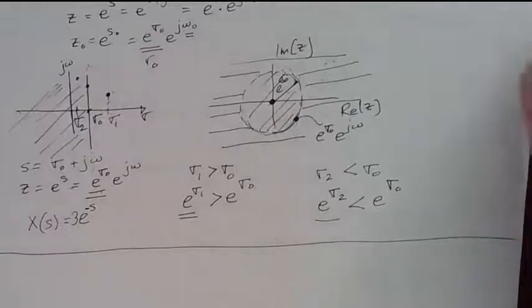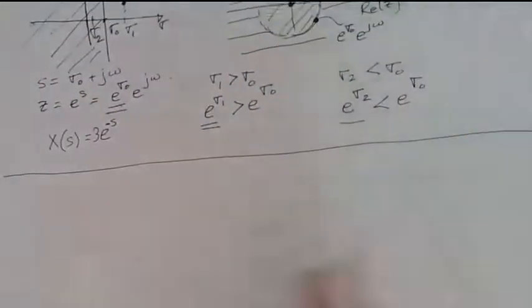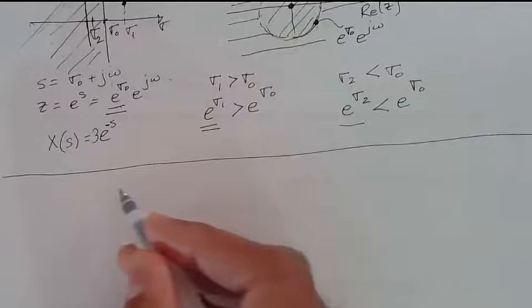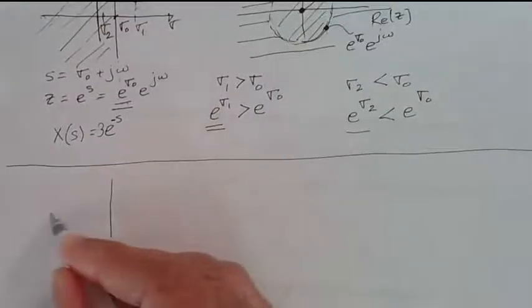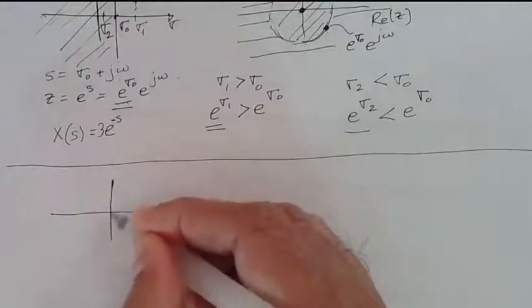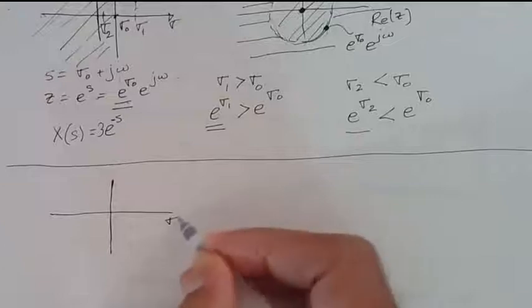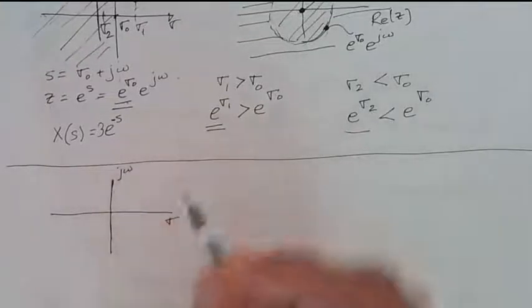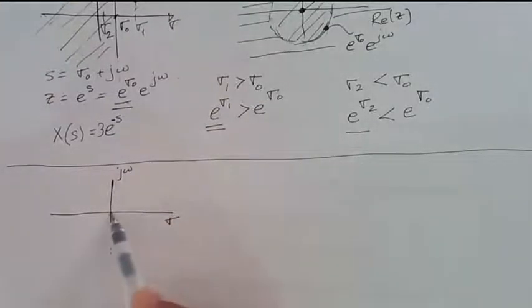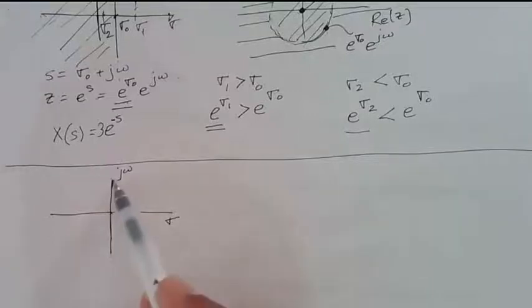So there's one particular line that we're very interested in the s-plane, and that's the j omega axis. Here's sigma, here's j omega. If j omega is included in the region of convergence, then we say we have a stable system. If j omega is not included, we don't have a stable system. So where does this map into?